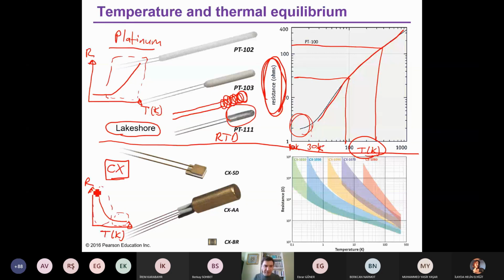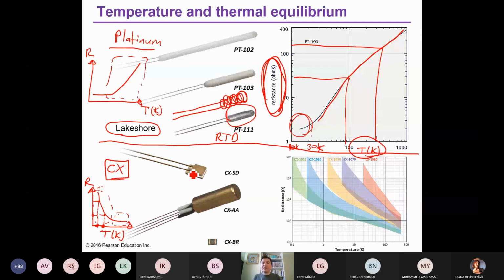So here, for example, you cool this sample down to this temperature and you have this resistance, and if you further cool the sample down to this temperature, then we have this resistance. So we have huge resistance change in the Cernox thermometers, in semiconducting thermometers, and there are different shapes in the Cernox thermometers. Again, you measure the resistance from these arms.